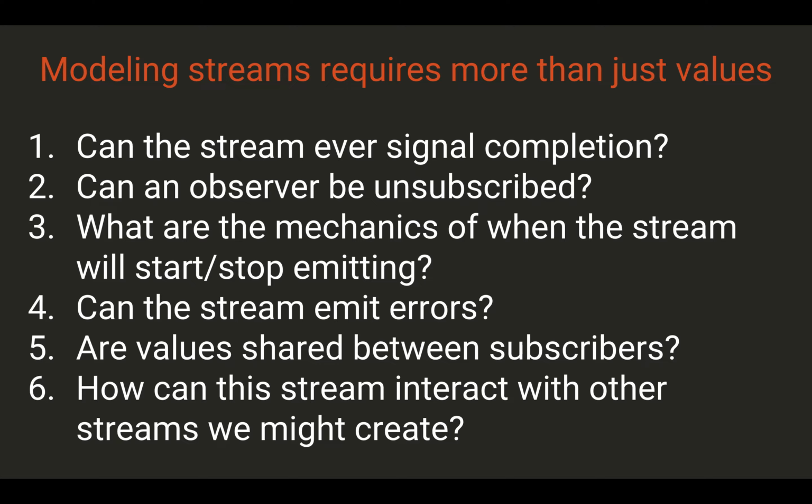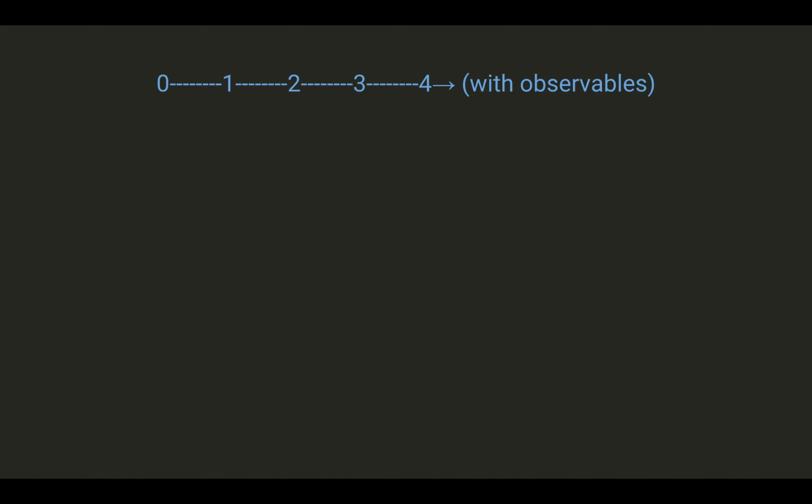What are the mechanics of when the stream will start and stop emitting values? Can the stream emit errors? Are values shared between different subscribers? How can this stream interact with other streams that we might create? So that's where observables start to provide value, because they are a formalized way of modeling these streams that will help us answer these questions.